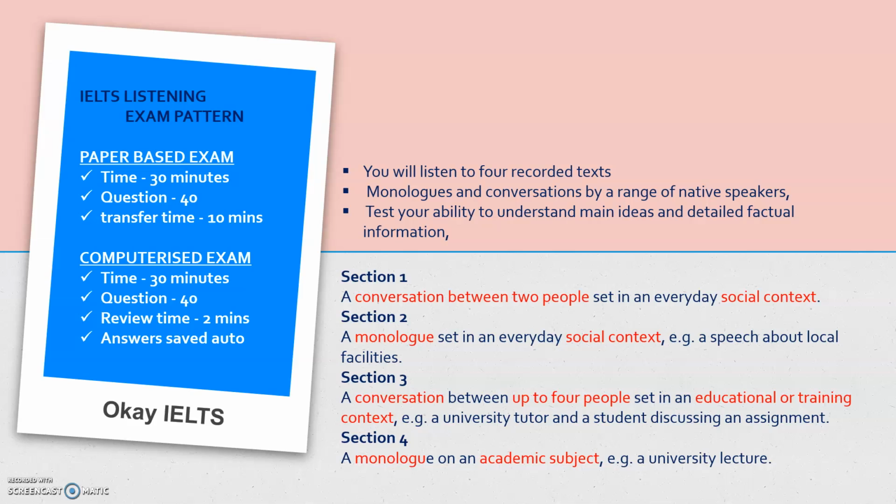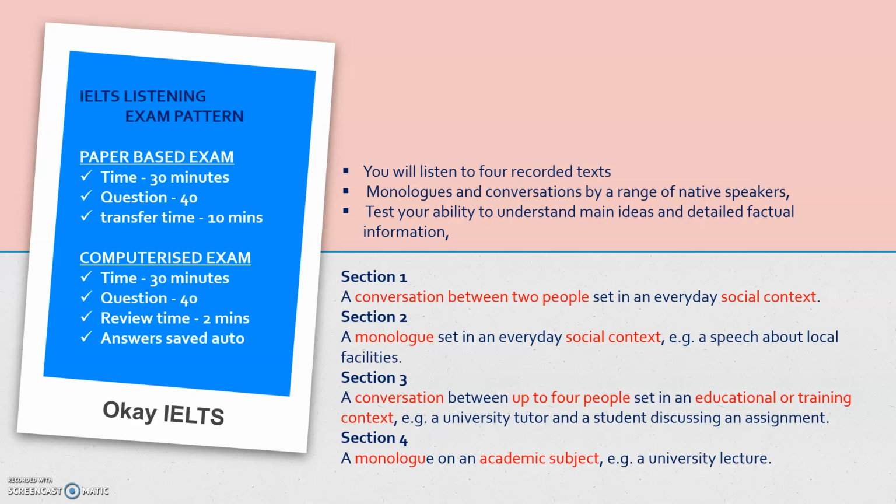Now what you have to remember is that there will be four sections: section 1, section 2, section 3, section 4. First of all, section 1 is going to be a conversation, with 2 people talking to each other. You should also know the context in which they will talk. Section 1 and section 2 will have a social context.